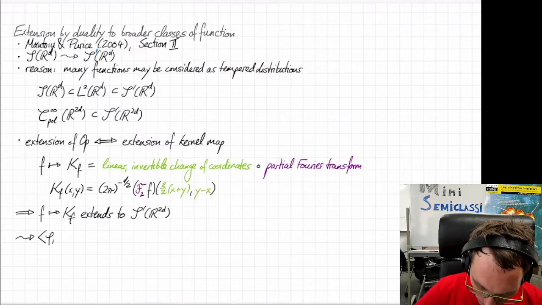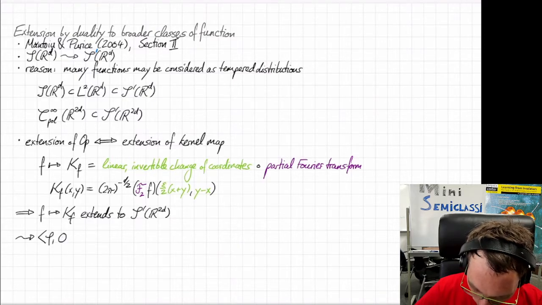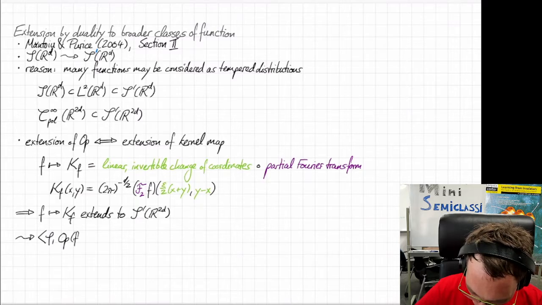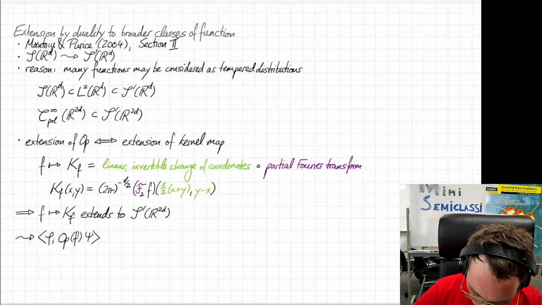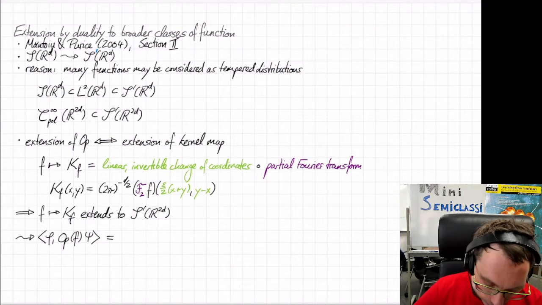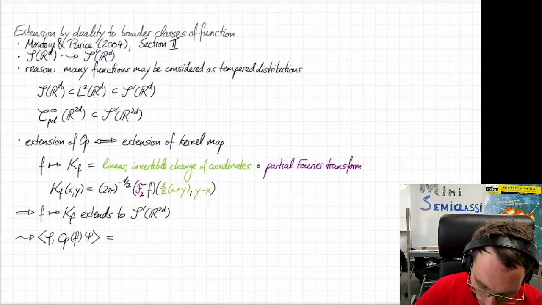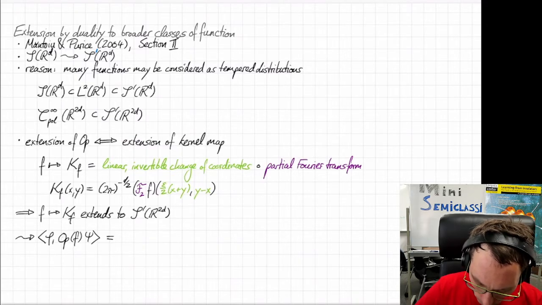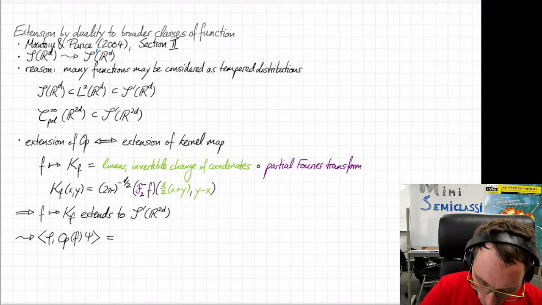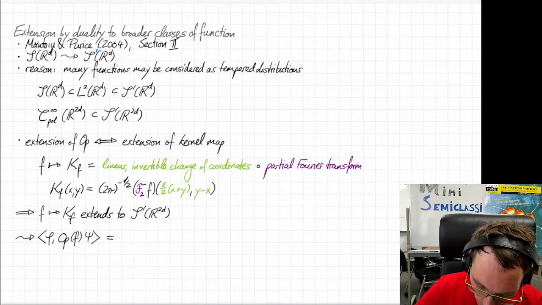So phi and psi are Schwartz functions. And instead of using the regular duality bracket, let me do it in a way that is a little bit more compatible with quantum mechanics.